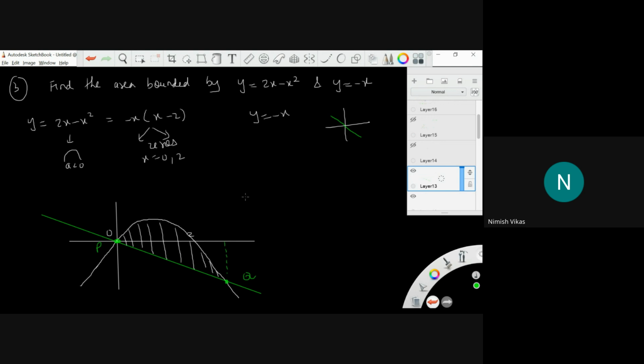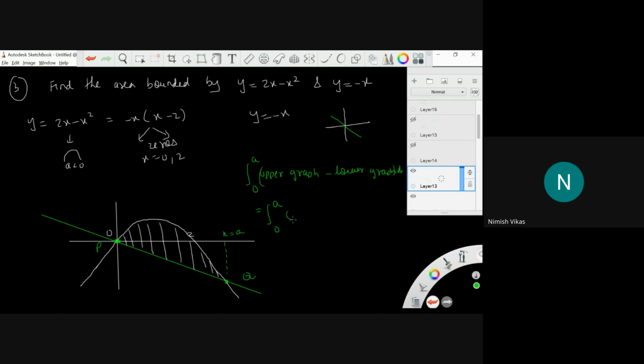Let us say this value is x is equal to a. Then we can integrate 0 to a, upper graph minus lower graph dx.